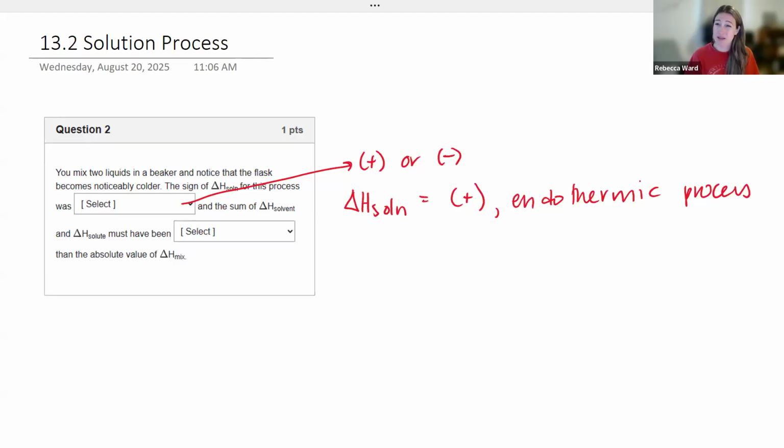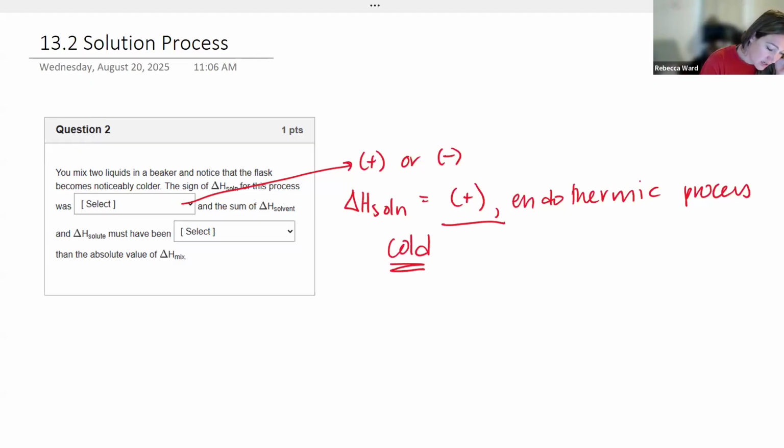That's why it's endothermic, and that's why it feels cold, because we converted thermal energy into something else. Okay, so that's endothermic. It's a positive number, and the flask will feel cold.